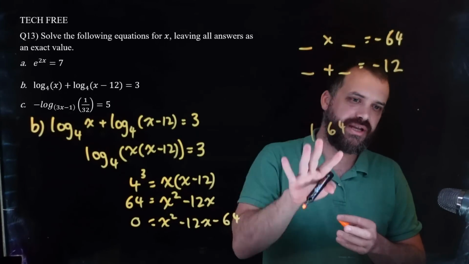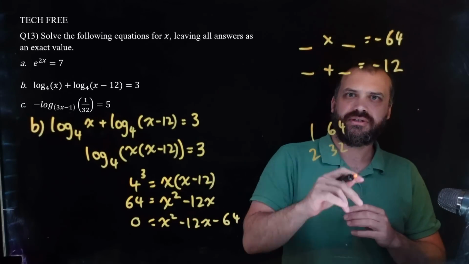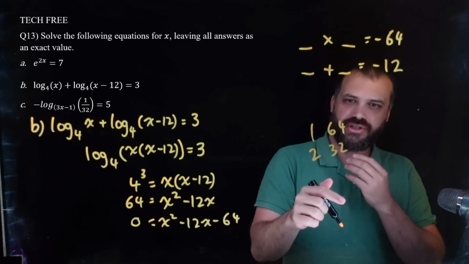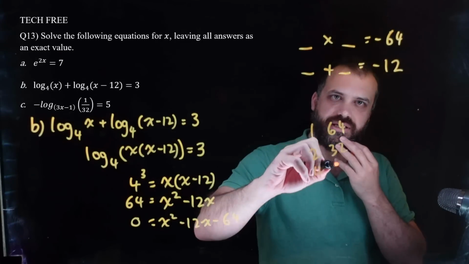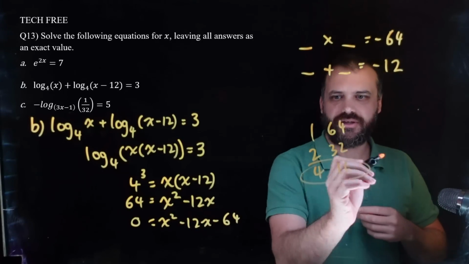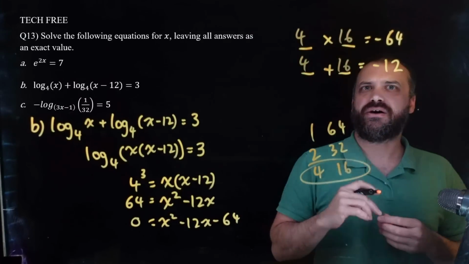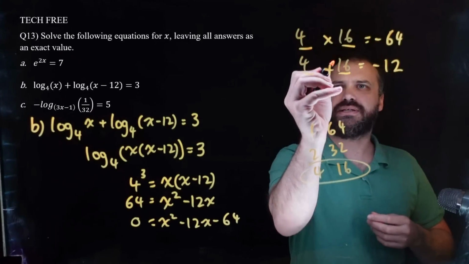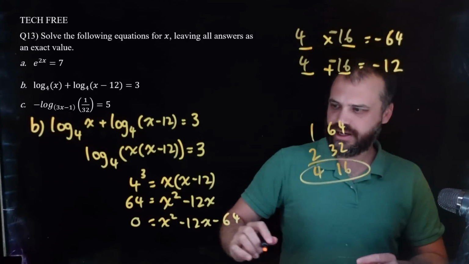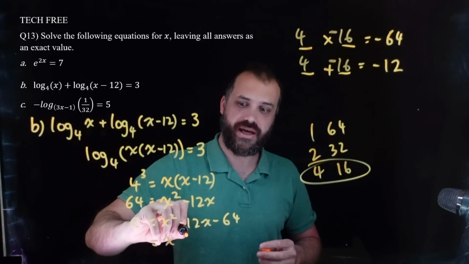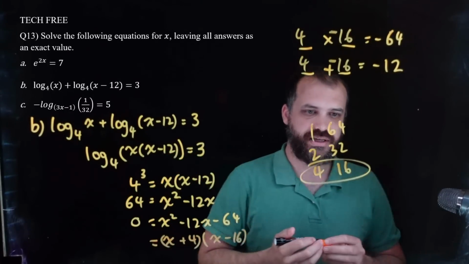I'm not interested in the negative yet. No, that's not going to be useful. What about 2 and 32? That's not going to get me close to 12. Closer though. What about 4 and 16? Ah, there we go. That'll work. All right, 4 and 16. Now, I want it to be negative 12, so that means the 16's got to be negative. Great. I can factorize this now as (x plus 4)(x minus 16).